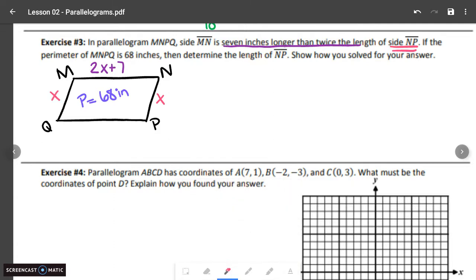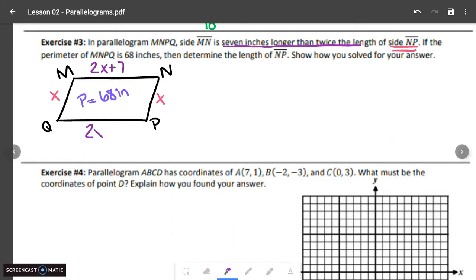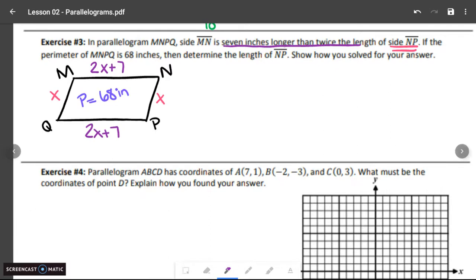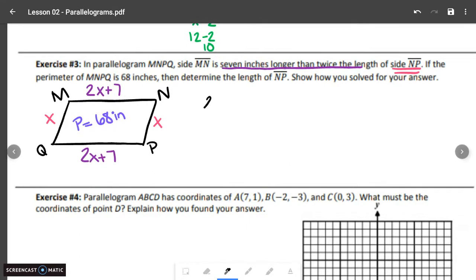So that means MQ is also x, while QP is also 2x plus 7. And now that we have all 4 sides, we can use that to find our value of x and to find the length of NP. So 2x plus 7 plus 2x plus 7 plus x is equal to 68.